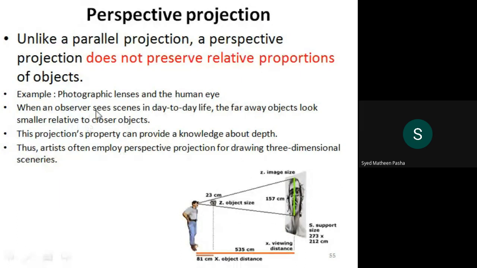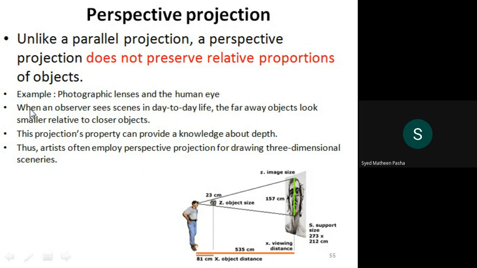When an observer sees a scene in day-to-day life, the faraway objects look smaller relative to closer objects. We all know that if the objects are far away from the human eye, they look smaller. If they are very near to your eyes, they look bigger, right? So that is the concept of the human eye. This projection property can provide knowledge about depth.